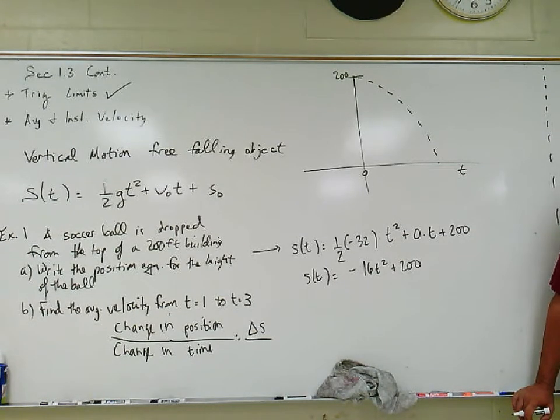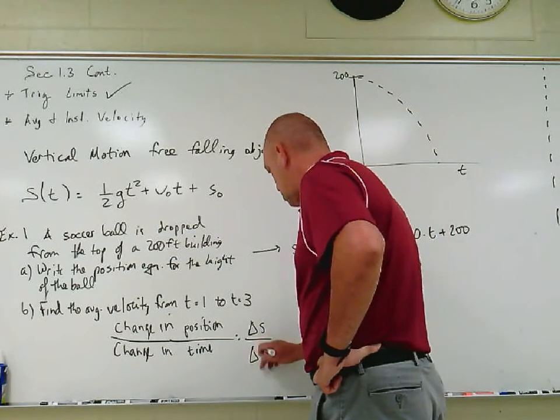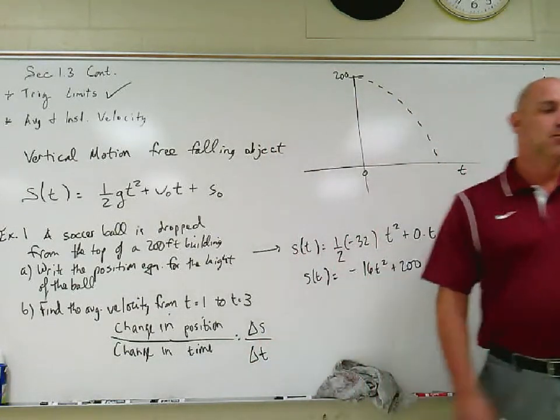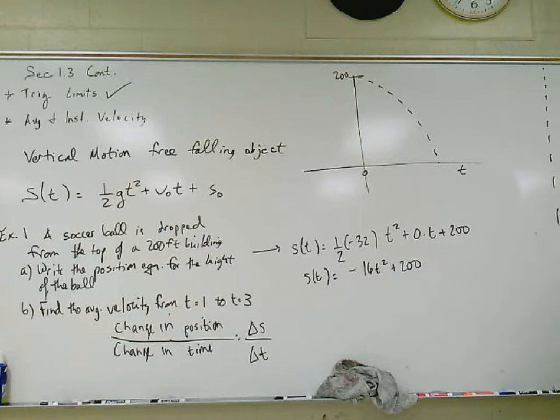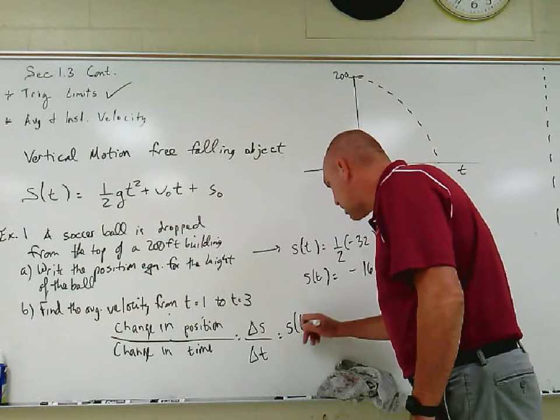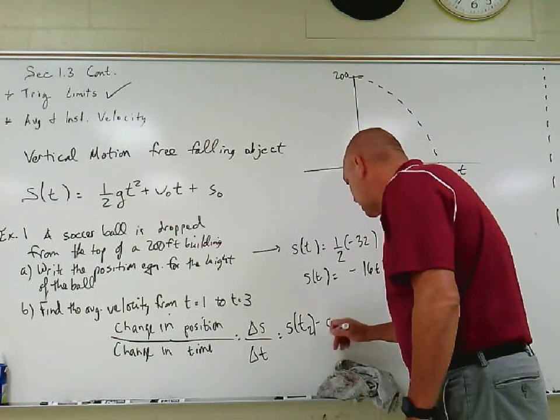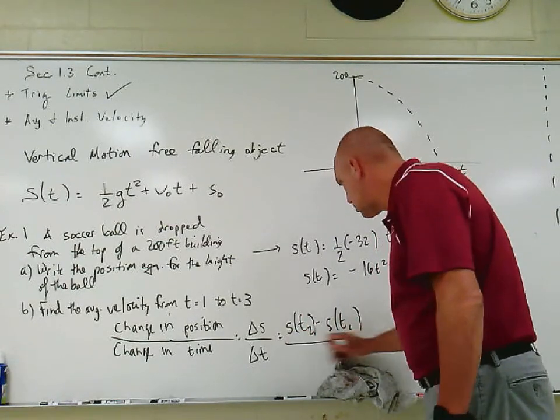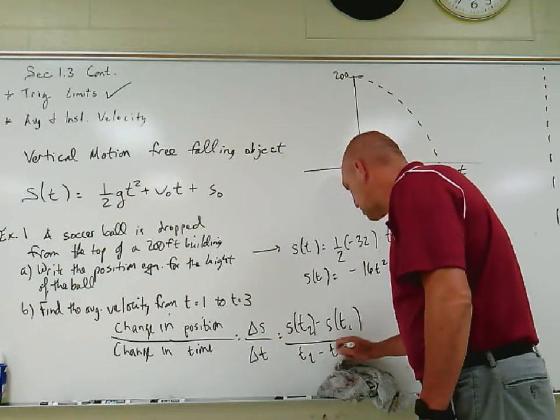Well, then, therefore, what's change in time? But to do a change, you're going to have how many values? Yeah, you've got to have two. You've got to have an end minus a start. So for this, you're going to do S of time 2 minus S of time 1, over time 2 minus time 1.